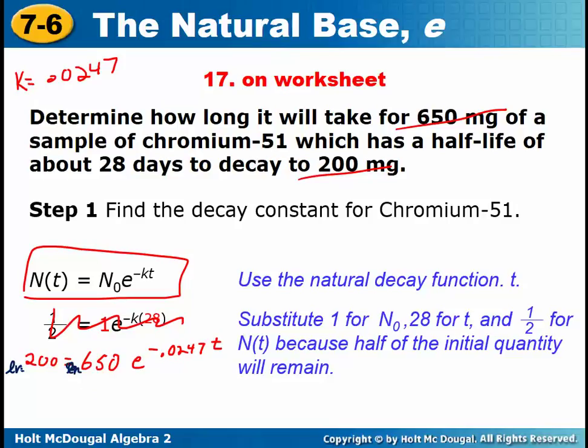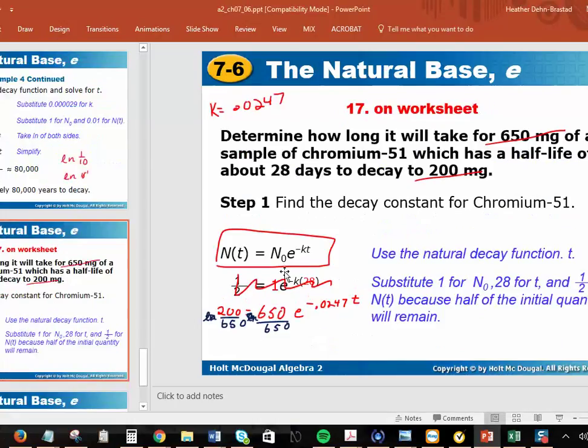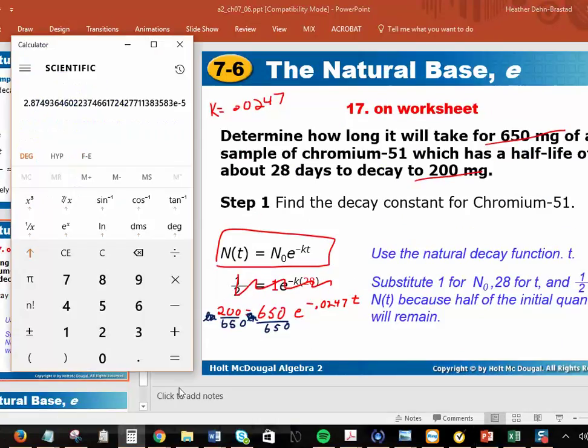Actually, right here, I'm going to divide both sides by 650 first. I need my calculator. So on my calculator, I need 200 divided by 650. 0.3076, so I'll go to 0.308.